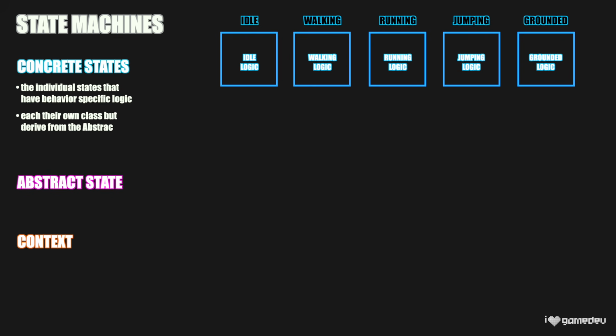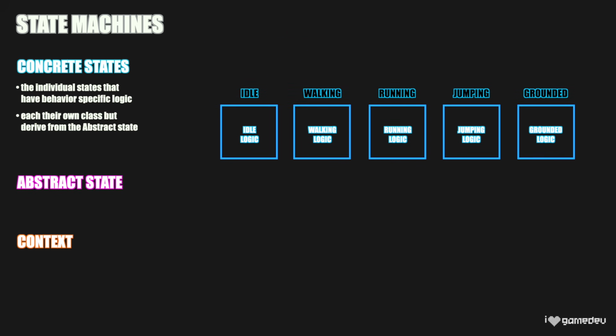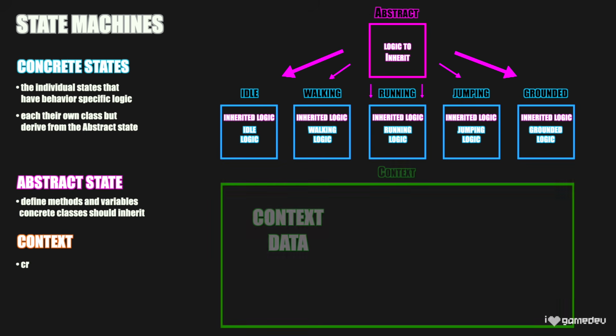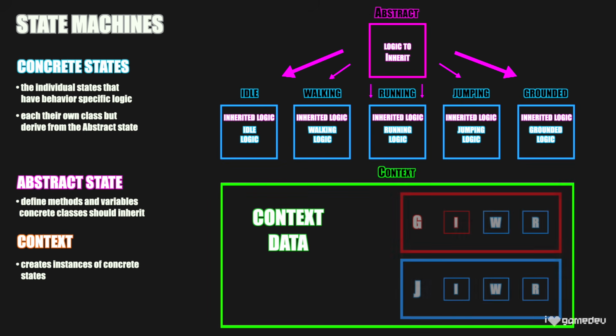These concrete states are all individual classes that derive from the same abstract state or base class. This means that they inherit the public and protected methods and variables defined from that base class. Deriving from the abstract state guarantees that all of the concrete states will have particular functions and variables, which will keep our code clean. The context is what handles the instances of concrete states.